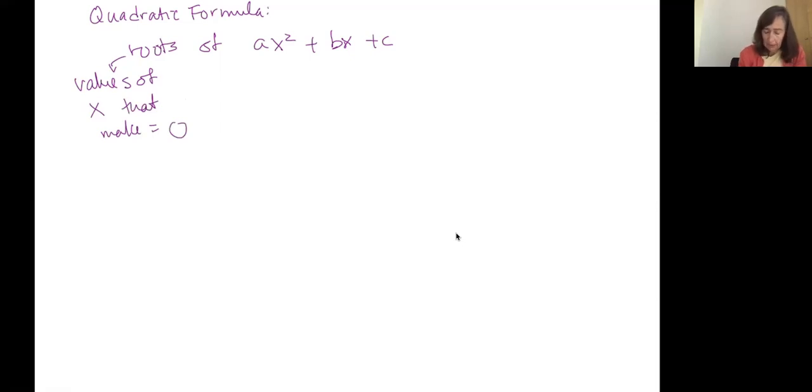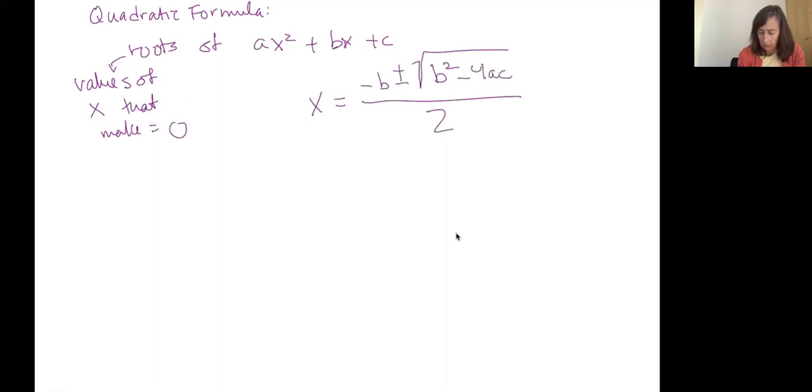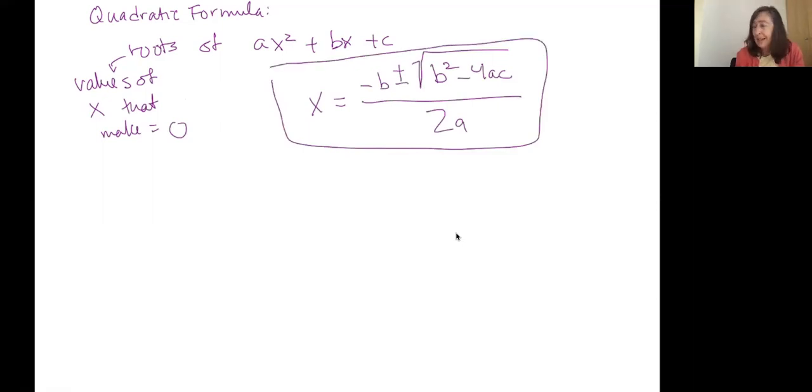And this is the formula: x equals negative b plus or minus the square root of b squared minus 4ac, all divided by 2a. This is the quadratic formula. Okay, it's kind of messy, but it's not that bad.